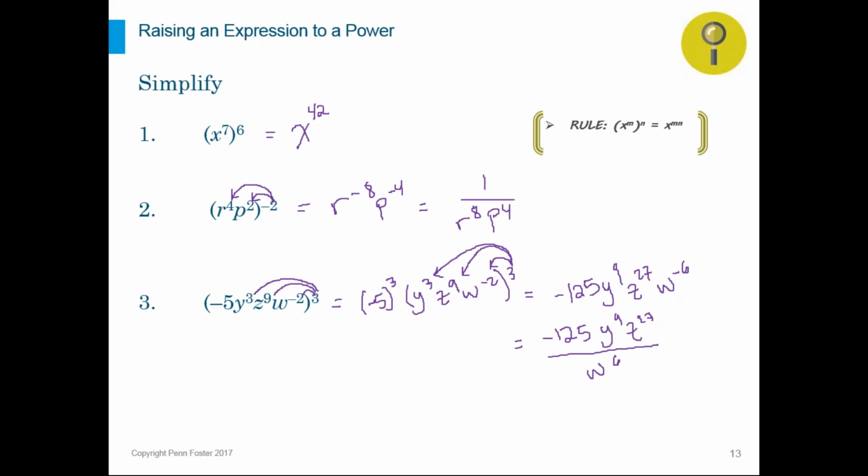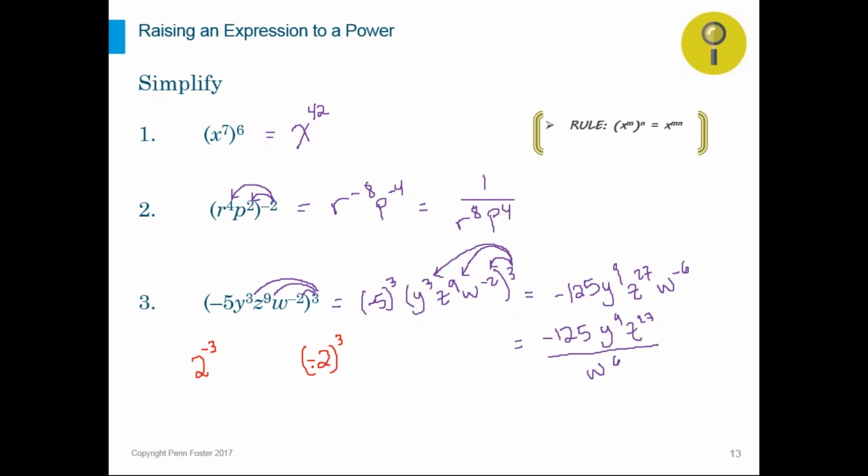Now, I have a rule I want to share with you, and these two things are the cause of confusion when we are raising an exponential expression to another power. I'm going to change the color to make it stand out in my slide. Two things that we need to keep in mind. We need to differentiate between 2 to the -3 power, for example, and -2 to the third power.